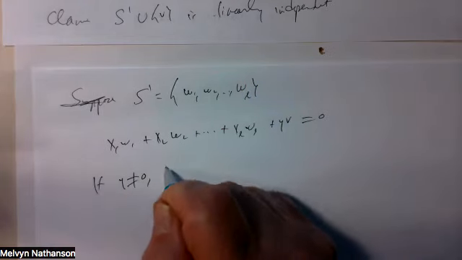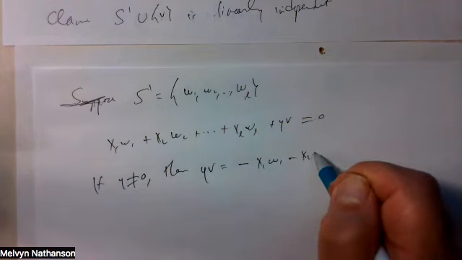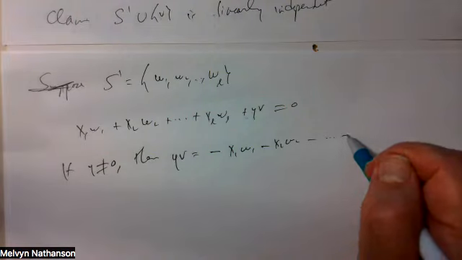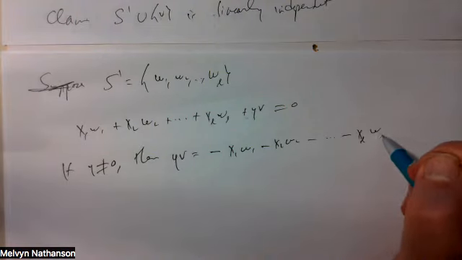If Y is different from 0, then YV is minus X1 W1, minus X2 W2, I'm just putting this on the other side of the equation, minus XL WL.